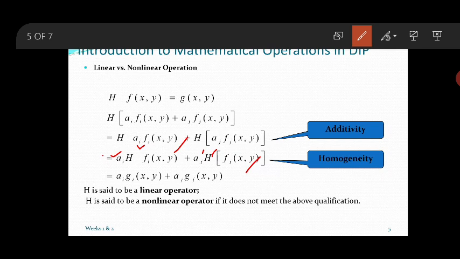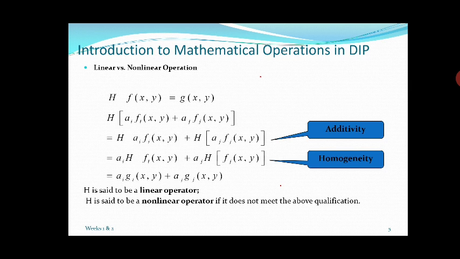If both turn out the same, then it is called linearity, linearity obeyed for digital image processing. I hope you understood this one.